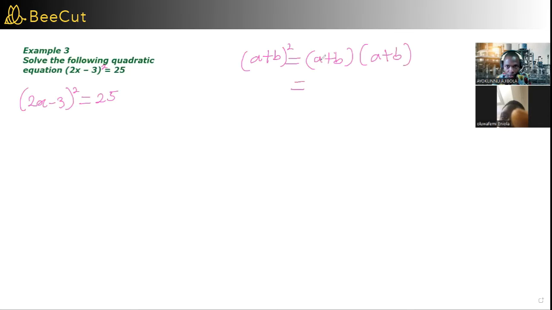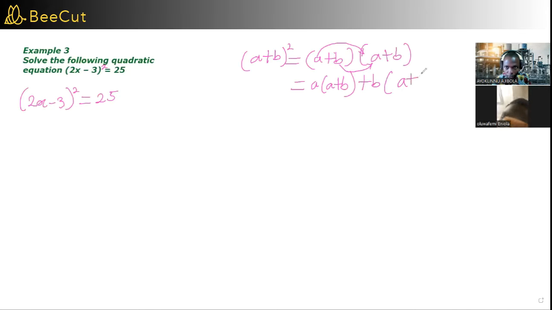This is going to be a times a plus b. That's the first a. Then the second thing in the first bracket, plus b, also times a plus b. You get that? Yes, sir.